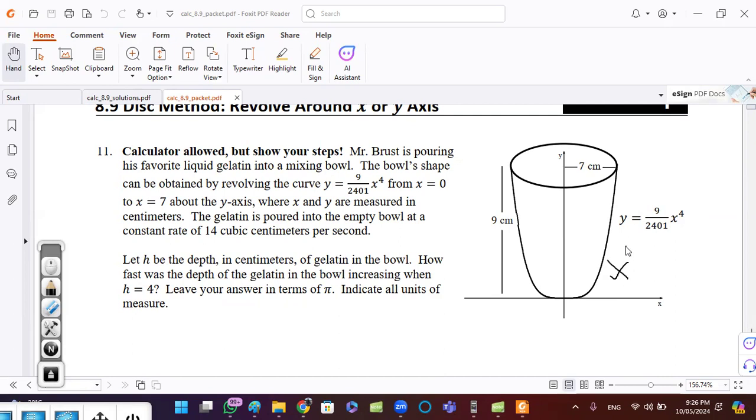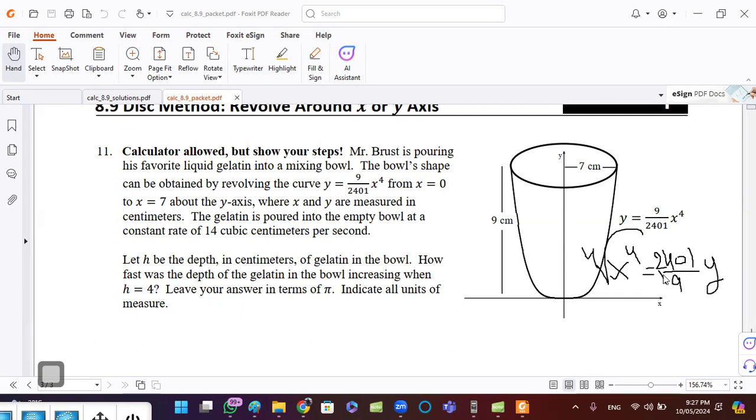So x power 4 equal 2401 over 9 y. Fourth radical. And he says the distance here is 7, x equals 7 about the x-axis. So from 0 to 7.